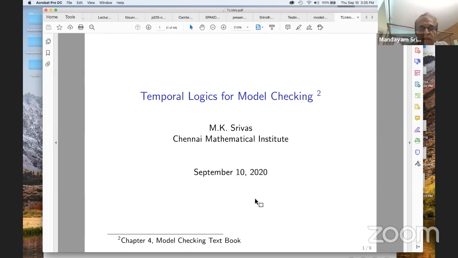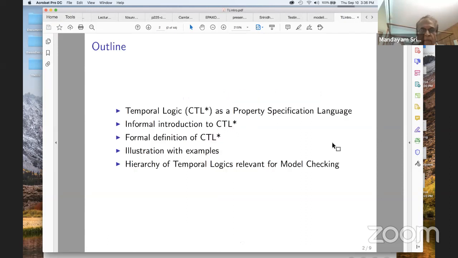Today I'll introduce you to CTL star, the temporal logic that we will be using. It's commonly used for model checking, and some of its sub-fragments. This is the outline. I'll introduce you to CTL star as a property specification language.